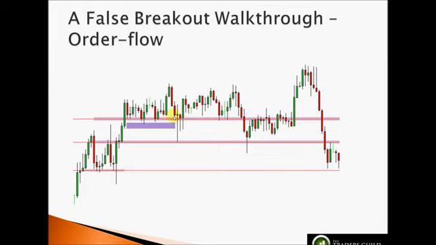Okay, they are underwater, they're in negative equity, they are now looking to bail out. So we've got new buyers coming in, and you've got the breakout traders looking to exit. That gives a concentration of buy orders. Okay, so following a false breakout, we can expect price to continue in that same direction with good momentum, because we know there's a cluster of buy orders when price moves back above here.